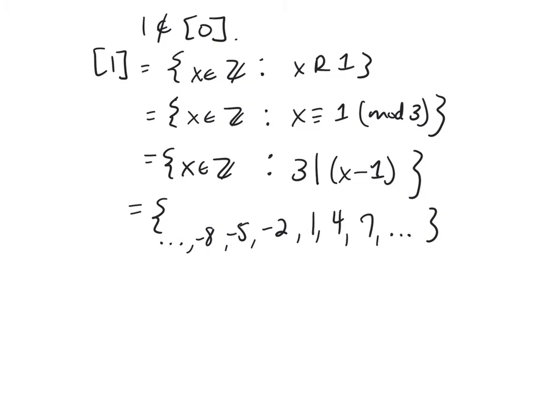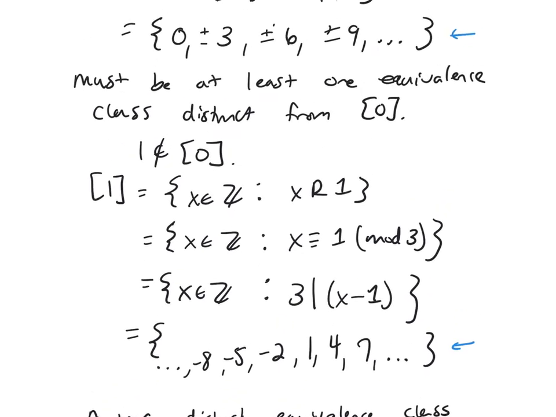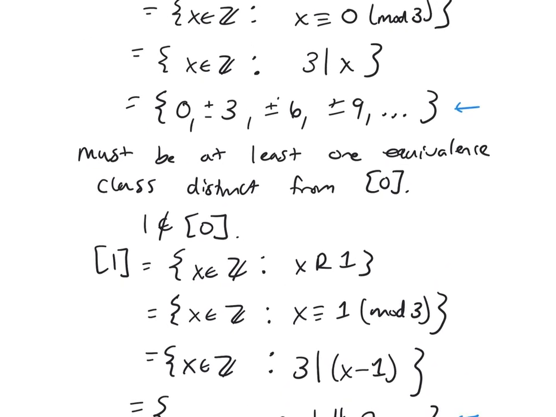And if I look here, I can say again, there's at least another distinct equivalence class, because these two equivalence classes that I have here, if I look, they don't contain every single integer.